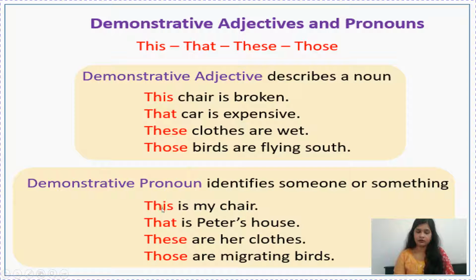So children, you will get confused that here this was a demonstrative adjective, but why here is this a demonstrative pronoun? So the answer is, in the first sentence, this chair is broken, chair was the noun, and the word this was modifying a noun, so it has become a demonstrative adjective. But here, this is my chair, here it is not modifying any noun, and this is followed by a verb. Fine. So it will become a demonstrative pronoun.